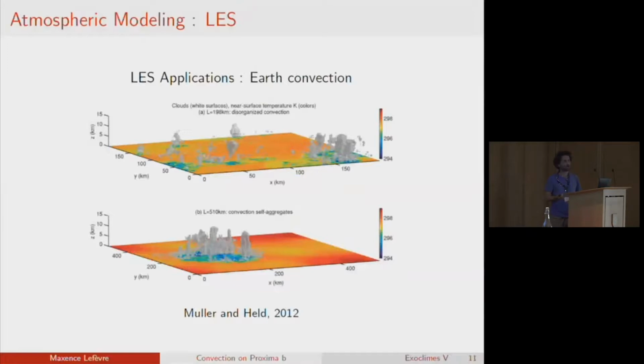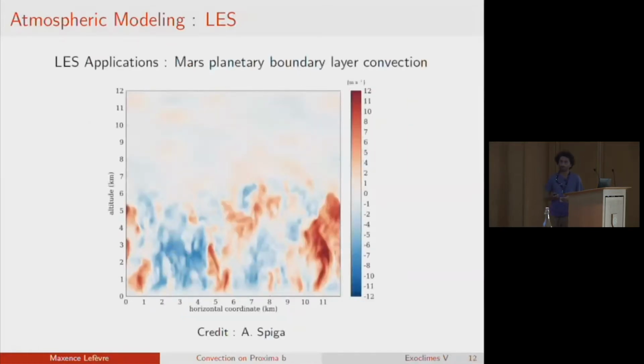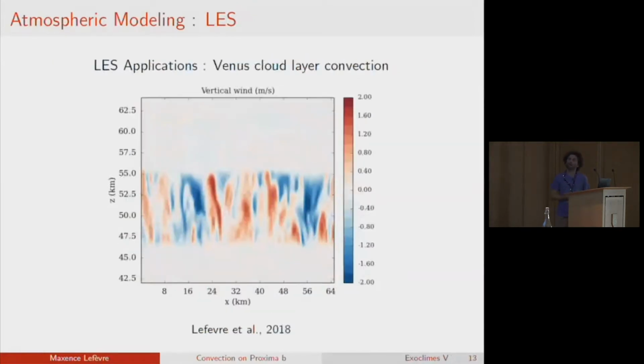Such models have been used for convection on Earth, for Mars, so this is surface convection, and for Venus for the cloud convective layer.